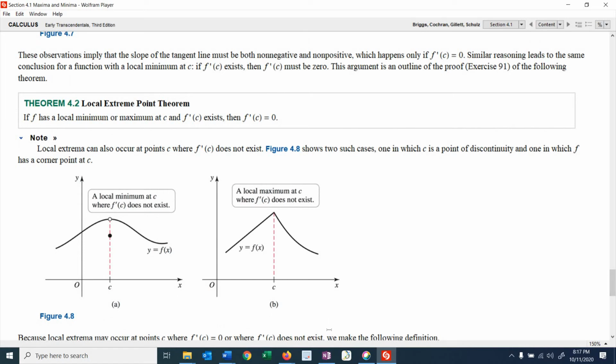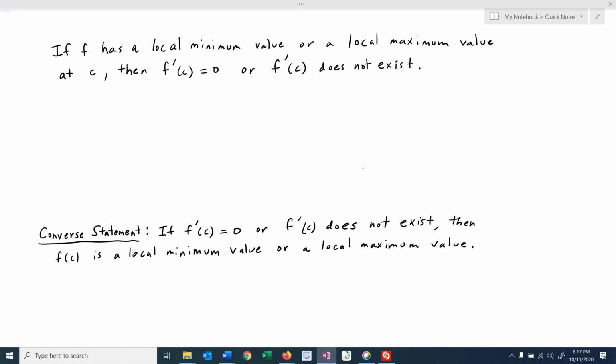Okay, so that leads us to a theorem that I want to talk about. This theorem says that if f has a local maximum value or a local minimum value at C, then f prime of C must be 0 or f prime of C does not exist. And we know that because, again, it either has to do this or it has to do this.